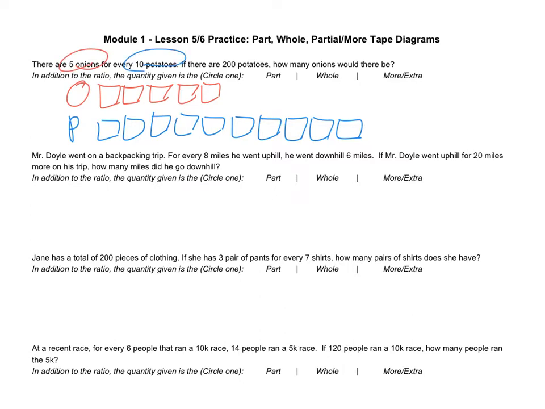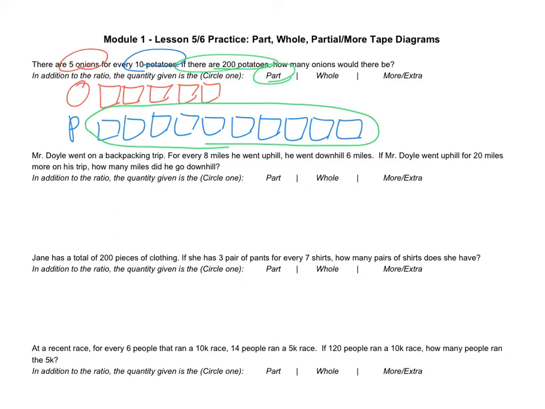Then it says if there are 200 potatoes, how many onions would there be? It says there are 200 potatoes right here. They're telling us how many there are. This would be 200 potatoes. They're giving us one of the parts. This is a part problem.